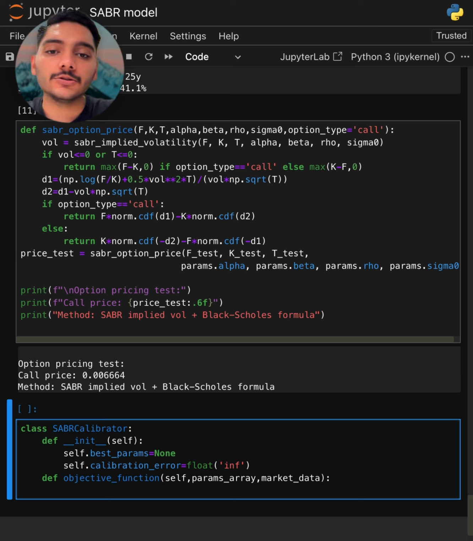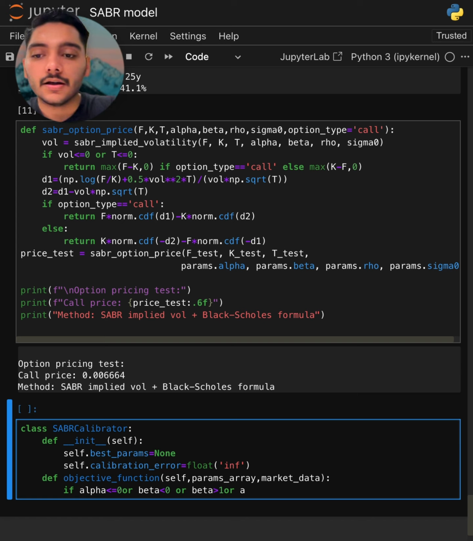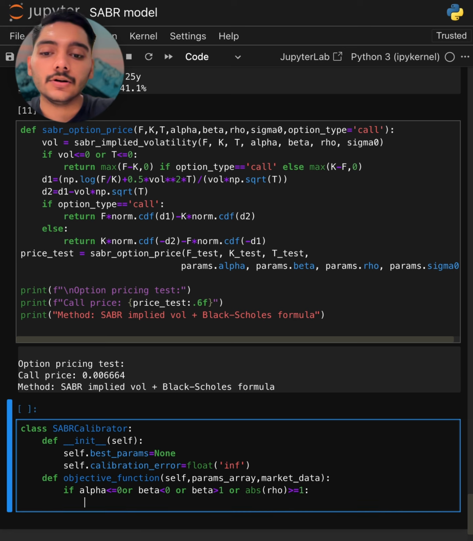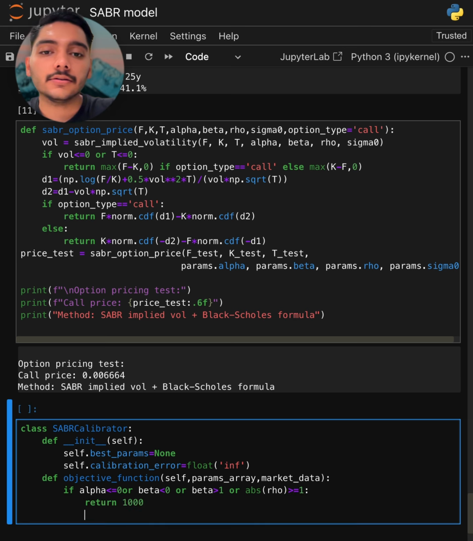So the parameters bound check, first let's do the bound check. So if alpha is less than equal to 0, or beta is less than 0, or beta is greater than 1, or the absolute value of rho is greater than equal to 1, so we will return 1000.